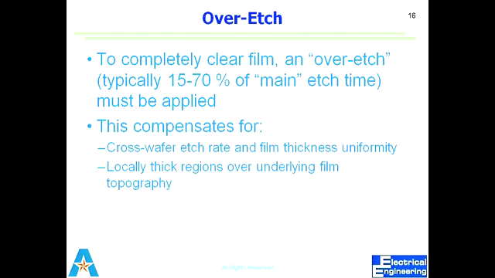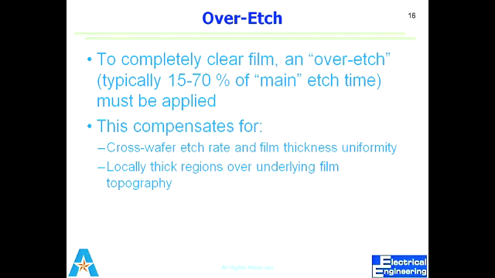And locally thick regions over underlying film topography, as I discussed in the last slide: if there is some residue in the underlying topography, the next film actually makes it thicker in certain parts. So locally there is some non-uniformity of the film that arises due to the underlying topography. Those who are taking the advanced films course know that the underlying topography is actually reflected in the next deposition processes.